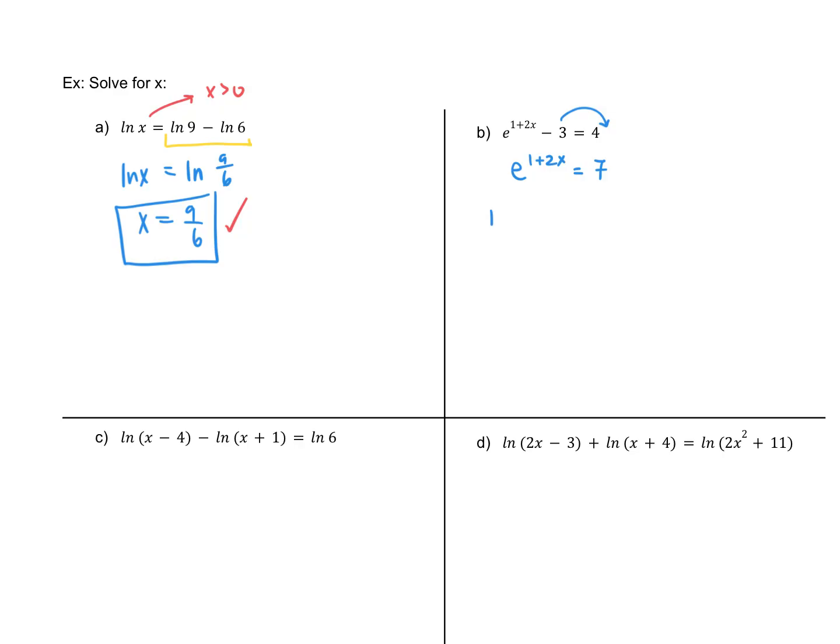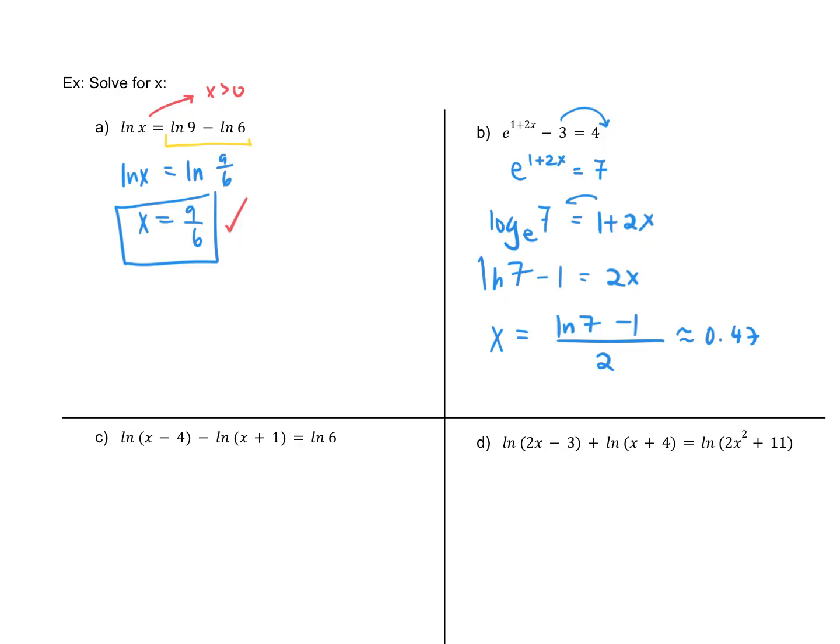So I'm going to have log base e of 7 equals 1 plus 2x. Log base e can just be written as ln 7, and I'll bring the 1 over and then divide everything by 2. And there's the answer, which is approximately 0.47. So just a little exponential solving.